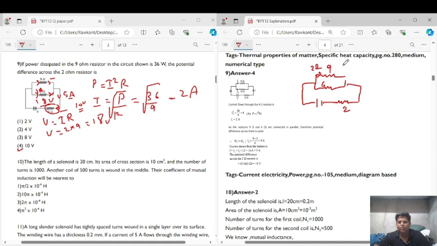So voltage will be 18 volt. The same will be across 6 ohm. So here if voltage is 18, the current in 6 will be 3 ampere. So this 2 and 3 combine together and become 5 ampere. Now when this 5 ampere gets into this 2 ohm, the voltage will be 5 into 2, which is equal to 10 volt. So the correct answer is option number 4, right?